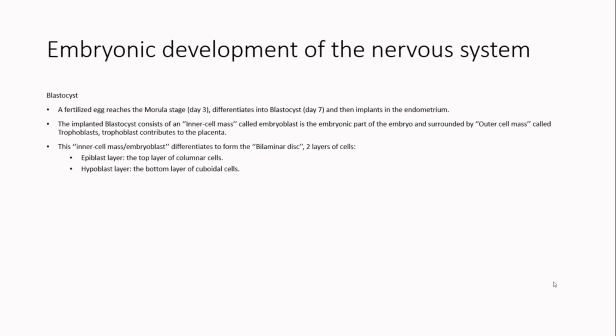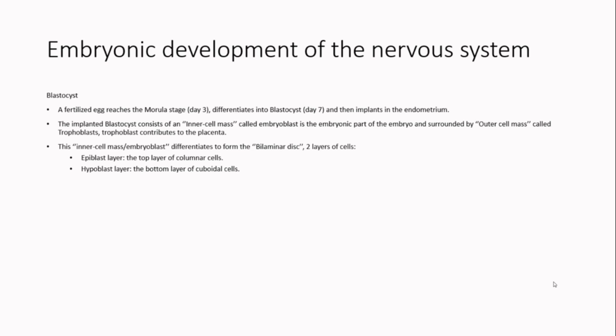Then this blastocyst will implant in the endometrium, and when it's implanted, it will consist of an inner cell mass, which we call embryoblast, and this embryoblast will be the embryonic part of the embryo, and it will also have the outer cell mass, which is called the trophoblast, and the trophoblast contributes to the placenta.